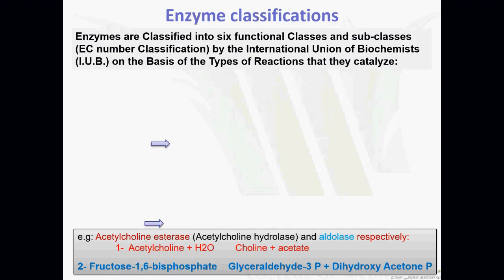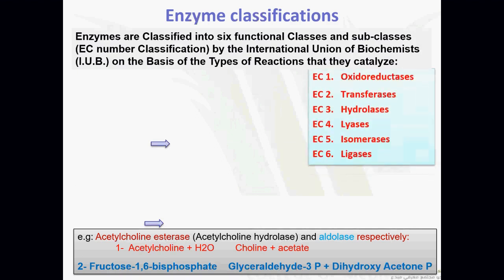But the International Union of Biochemistry made a classification of enzymes according to the nature of the reaction they catalyze, and gave them a type of coding.